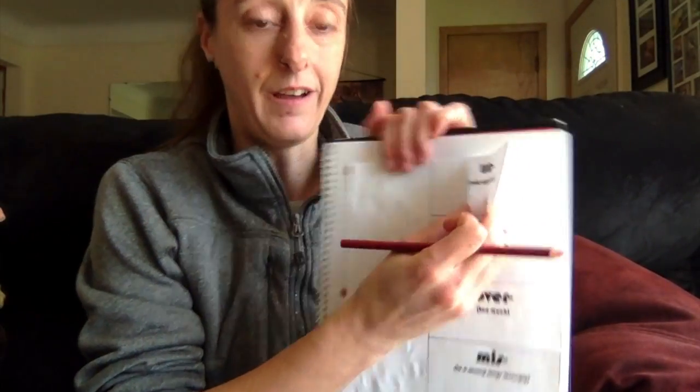I'm just going to do one example. Underneath un, I'm going to fold it back. I'm going to write as many un words as I can think of, but that could go on forever, so I'm just going to do a few.